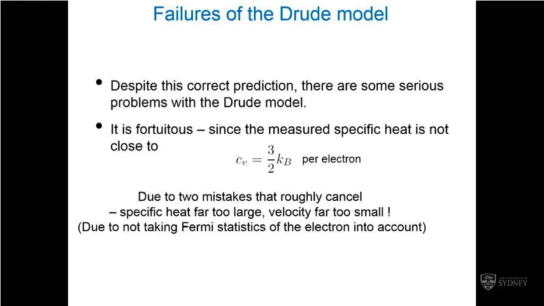So these two quantities, specific heat and velocity, actually cancel out, as you'll see when you look at the equations back there. So it's largely fortuitous. It's a bit lucky. Cancellation of errors have occurred in the specific heat, which was too large, and the velocity was too small.